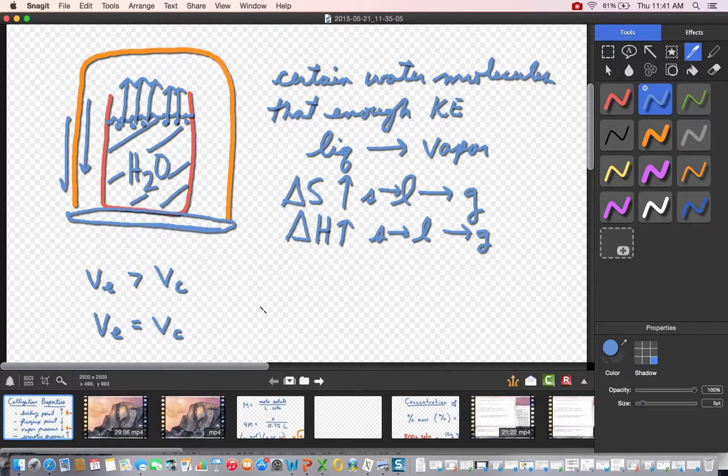So every time a water molecule goes from liquid to gas, there is a concomitant gas water molecule that goes from gas to liquid. At this point, the pressure that the gas phase exerts on the liquid phase is called the equilibrium vapor pressure.